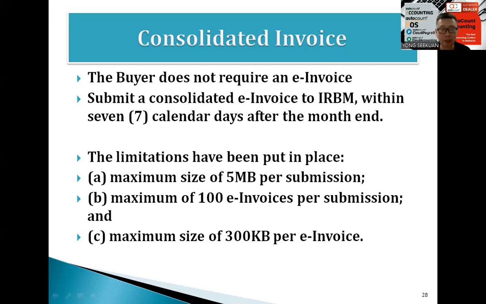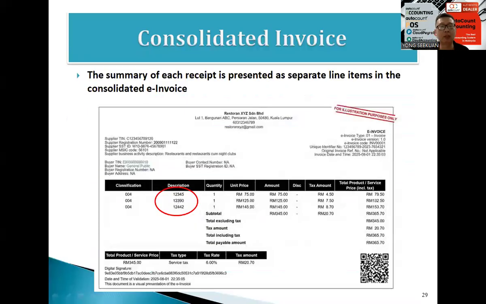Then you need to submit this consolidated invoice within 7 days in the coming month. I mean June. You must submit this consolidated invoice before 7 June. The limitation you see here is a maximum of 5 MB and 100 invoices per submission. You see, they're trying to make it simplified, so you don't need to send so many invoices to their server, otherwise their server cannot cope, right? So that is the purpose of the consolidated invoice.